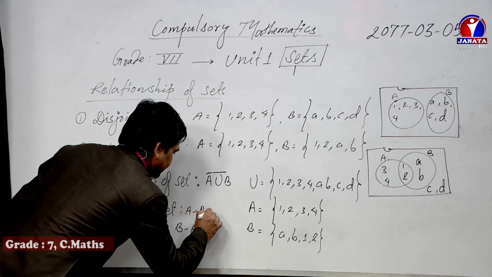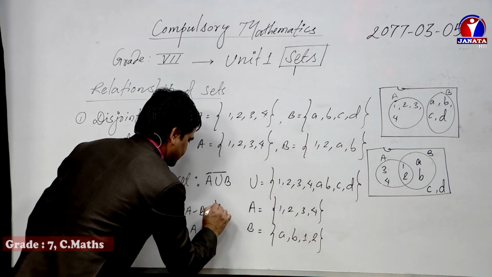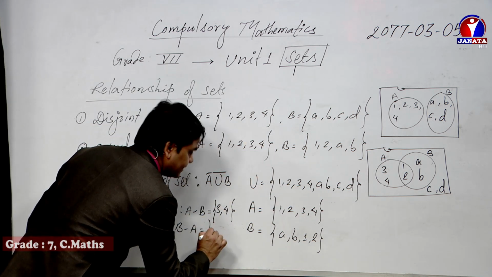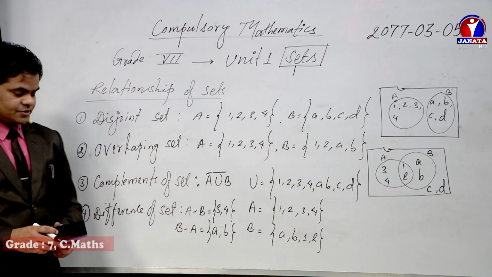Let me write A difference B equals 3, 4, and B difference A, if we represent, then what are the elements? a, b. So this much only, dear student.